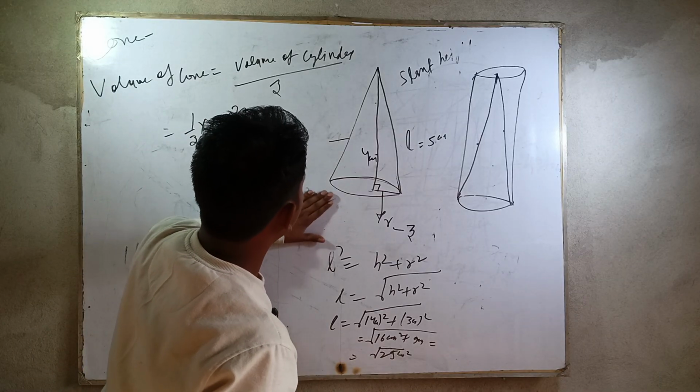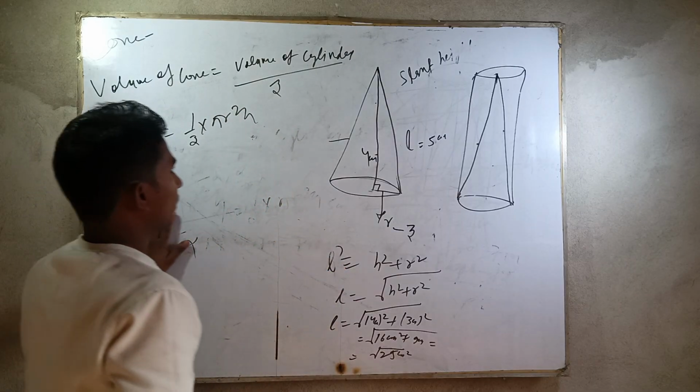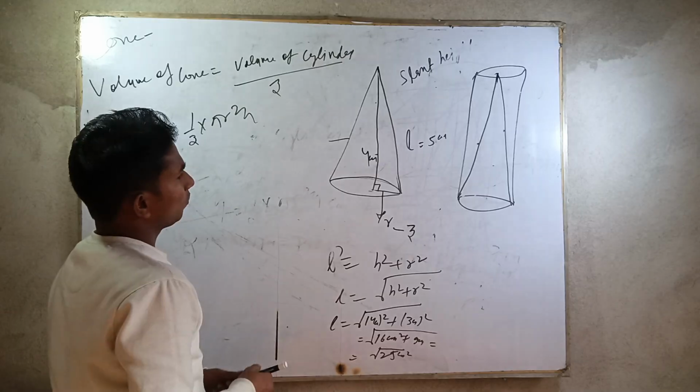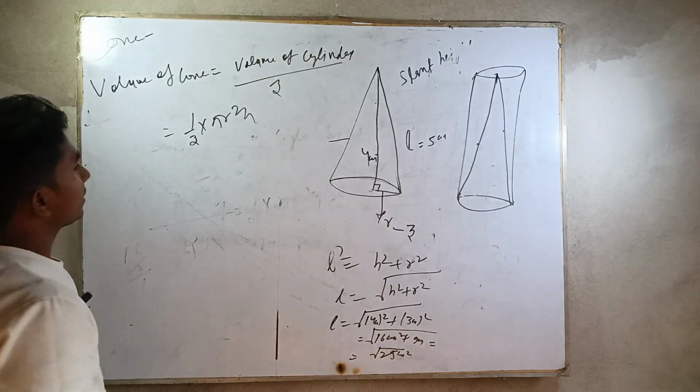If h is not given and only l is given, then by the Pythagoras theorem formula I will find h, and then the volume. So now h is given.